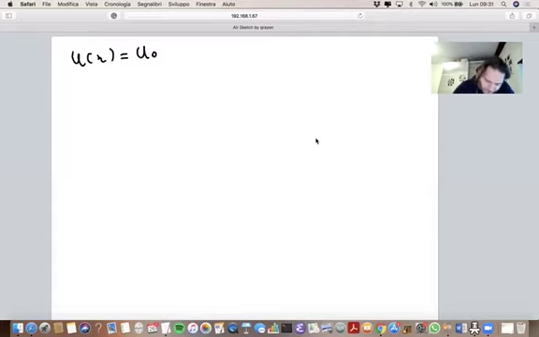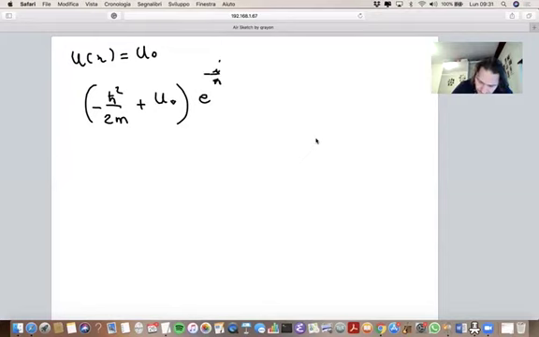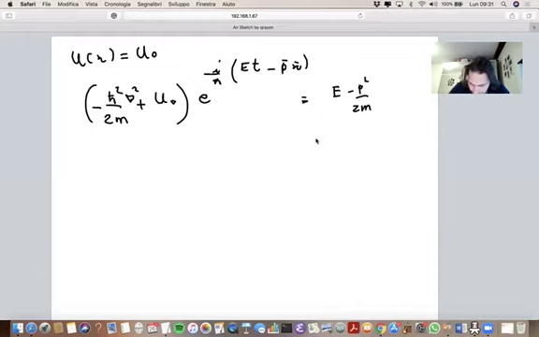Then we know, we have now shown already many times, that if you act on this guy, of course, there's a Laplacian, then you will get, so let's call this psi, I get E psi.